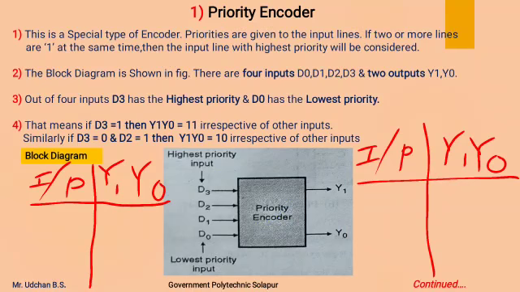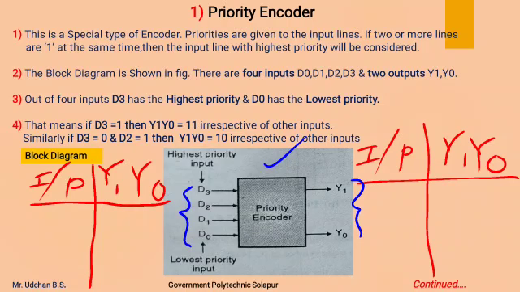First one is the priority encoder. This is the block diagram of a priority encoder having 4 inputs, D3 to D0, and 2 outputs, Y1 and Y0. This is a special type of encoder. Depending on the input lines, we get the corresponding output.